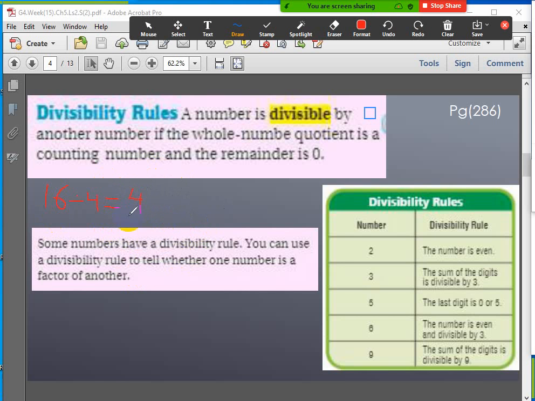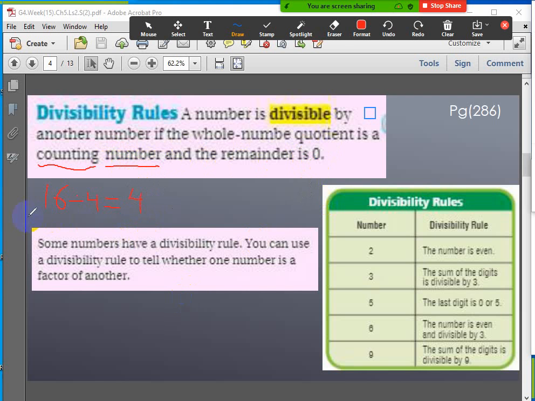So the quotient is a counting number. And the remainder is 0. That means there is no remainder.